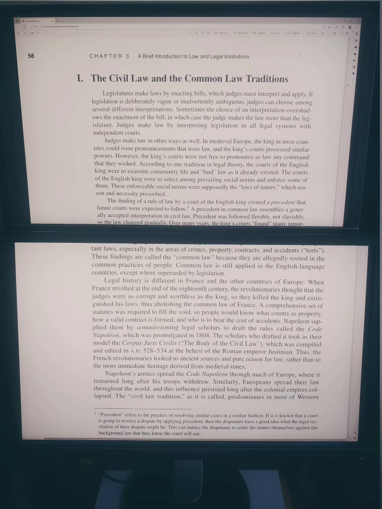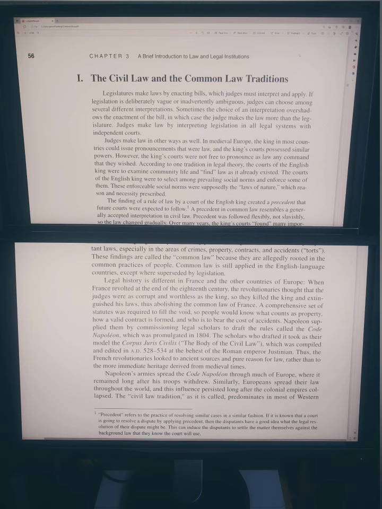A precedent in common law resembles a generally accepted interpretation in civil law. Precedent was followed flexibly but not slavishly, so the law changed gradually.